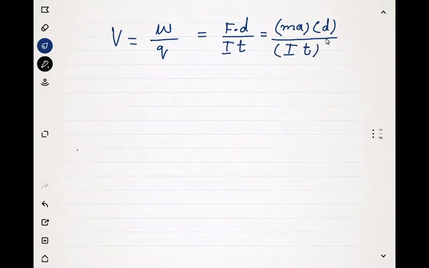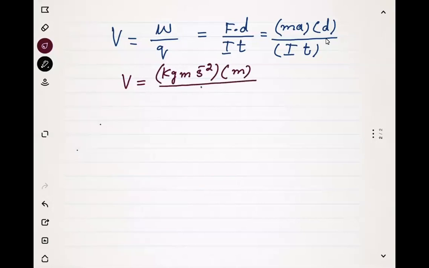So finally voltage is equal to MA, which would be kilogram meter second minus 2, and distance would be in meters, current in amperes, and time in seconds.